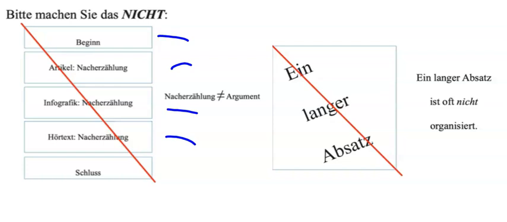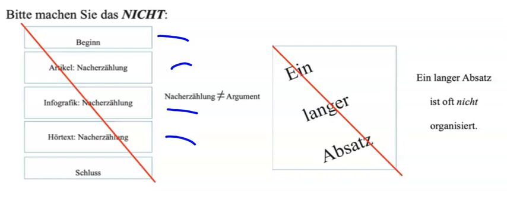Like, that's not a structure. So that's not persuading anyone. All that's doing is re-narrating the Nacherzählungen for the Artikel, Text, oder Grafik, Infografik, oder Hörspiel. So that's not a persuasive essay.